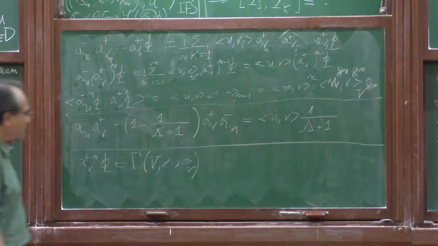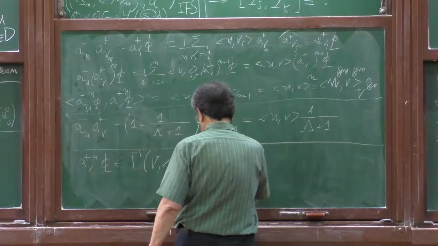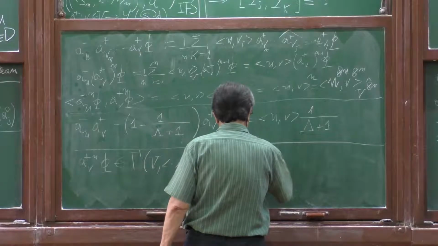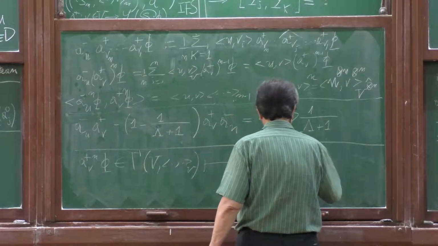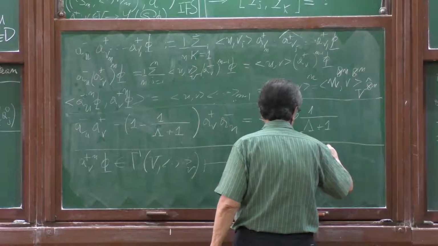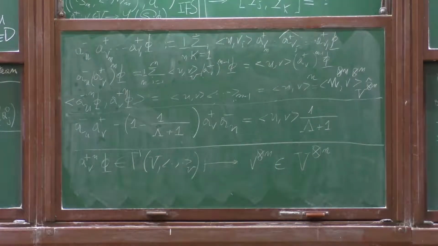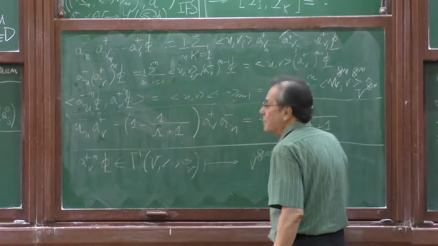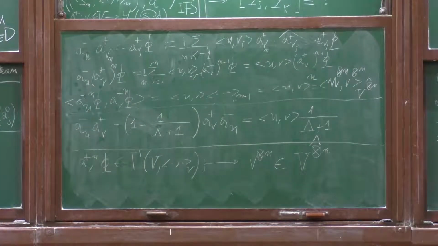And I associate to this the homogeneous tensor power in the homogeneous symmetric tensor power of V, because the homogeneous tensor power generates the symmetric tensor power of V, then this is unitary.